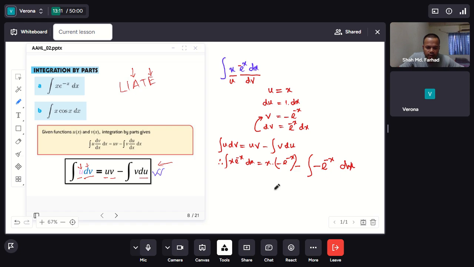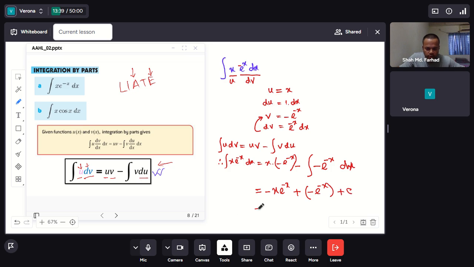Now we have to simplify this. Then we will have negative x e to the power negative x, and then plus the integral of e to the power negative x. So the integral will be negative e to the power negative x, and then plus c.